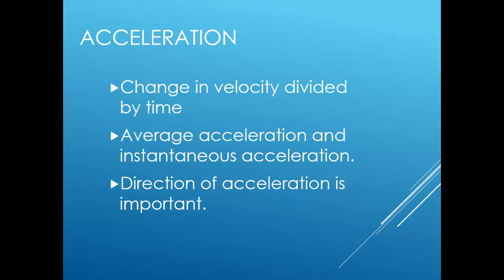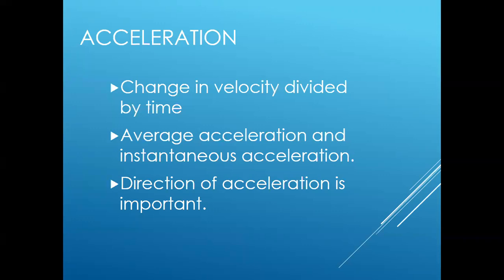And the sort of third concept here, we talked about position, we talked about rate of motion. Now we're talking about acceleration, which is the rate of change of rate of motion. Okay? So now we're talking about, is the velocity changing over time? So acceleration is only used with velocity. So it's the change in velocity divided by the time.